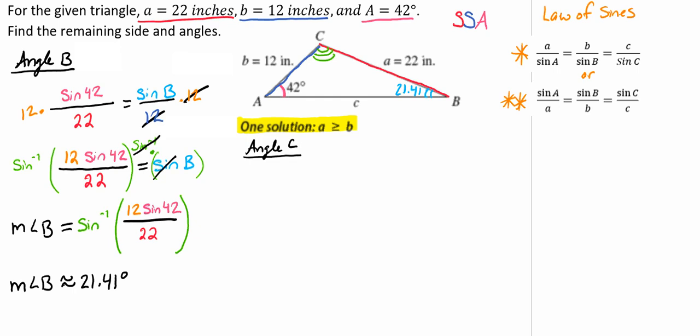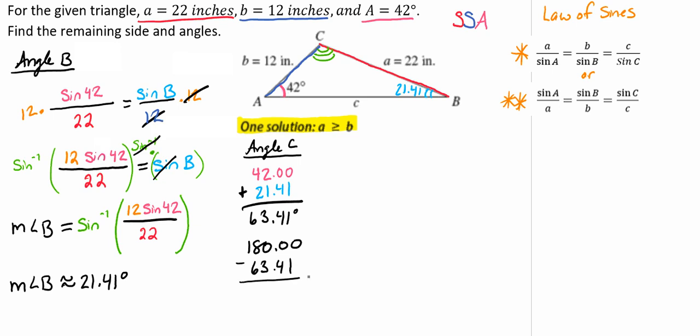So let's do that. We're going to take our 42 degrees and add it to our 21.41 degrees, which is going to give us 63.41 degrees.